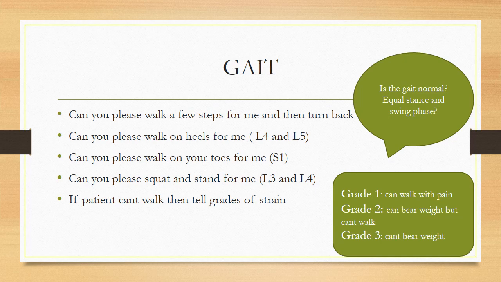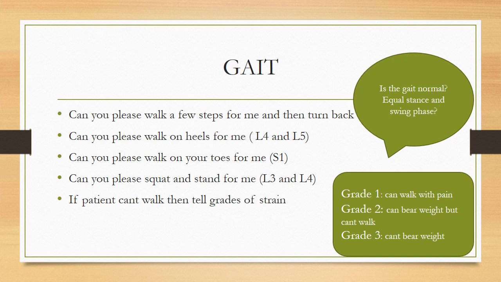Grade 2 is that the patient can bear weight and can stand still, but cannot walk. Grade 3 is that the patient is not even able to bear weight, and this is a strict indication to have all the x-rays done. So if the patient refuses to walk and says he absolutely cannot walk, then you have to decide which grade of strain is present.